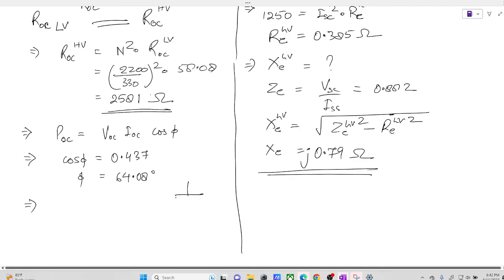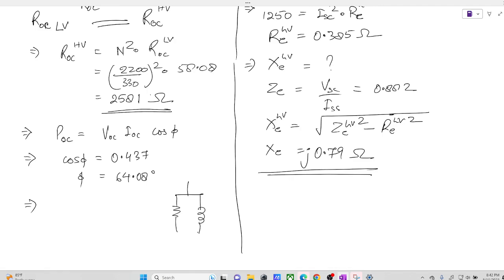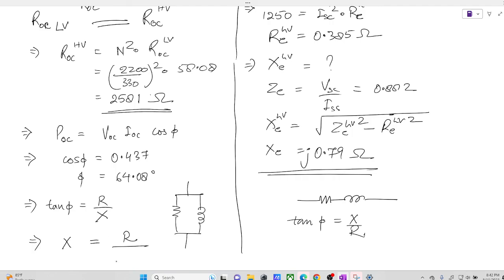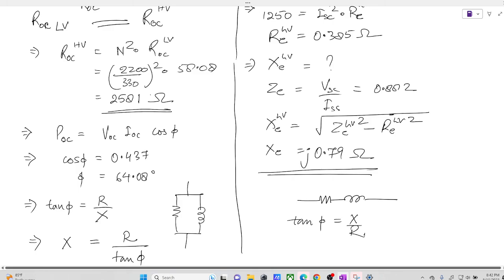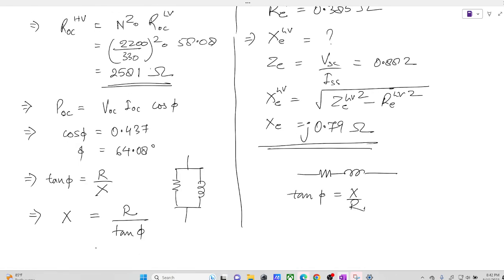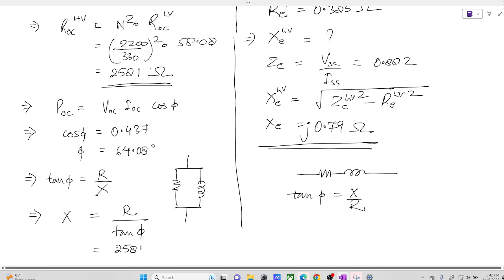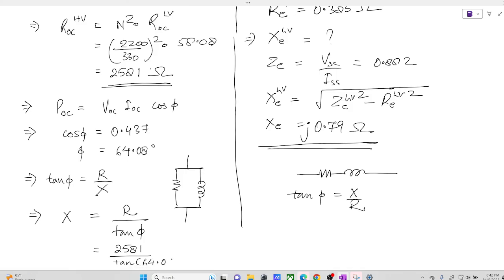In a parallel RL circuit, tan phi is R by X, whereas in a series RL circuit, tan phi is X by R. So X will be equal to R divided by tan phi, which is 2581 divided by tan of 64.08.